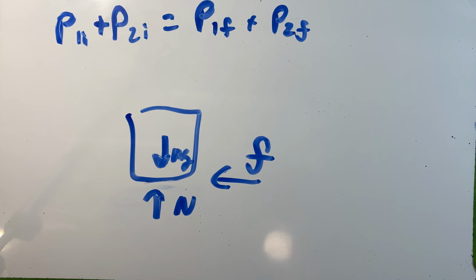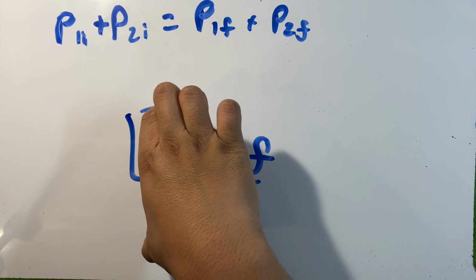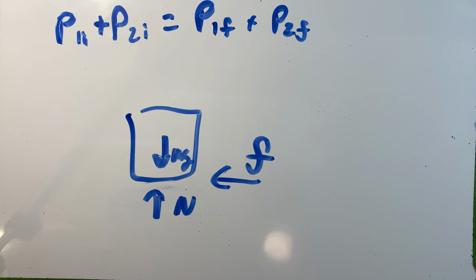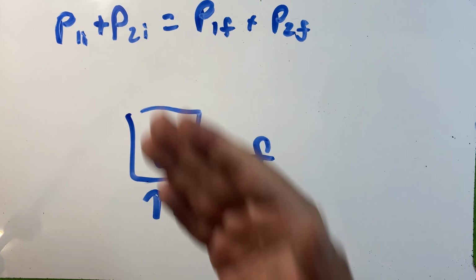Well, if we see here, the normal force should cancel out mg. So that means there'd be no external forces in the y direction, but if you look in the x direction, nothing's canceling out that friction. That means there is an external force. So we can't say this right there.